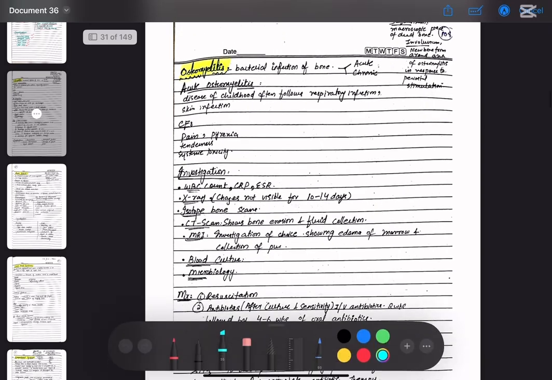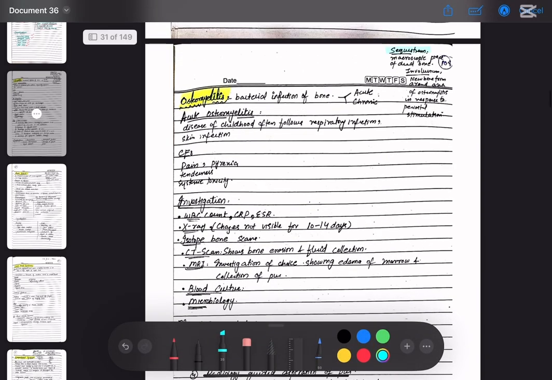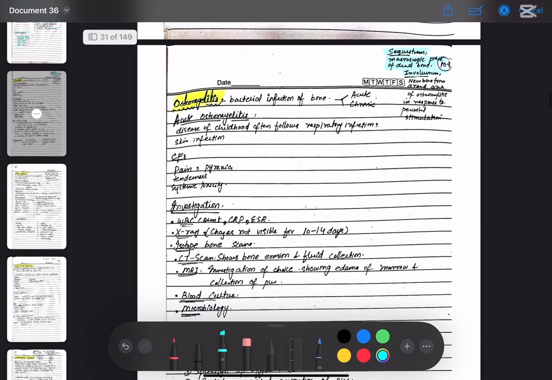So this is sequestrum. In it, microscopic dead bone occurs, and in involucrum, new bone forms under the area of osteomyelitis in response to periosteal stimulation.